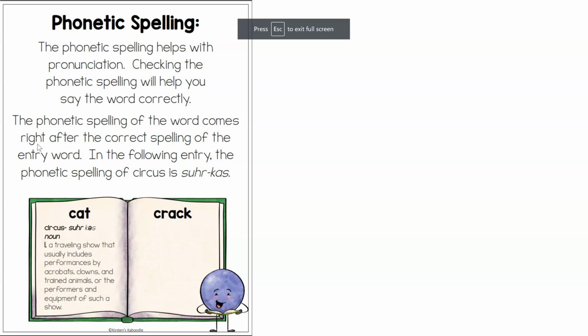Now let's take a look at phonetic spelling, or pronunciation. Dictionaries always include pronunciation of words. The phonetic spelling helps with pronunciation. Checking the phonetic spelling will help you say the word correctly. The phonetic spelling of the word comes right after the correct spelling of the entry word.